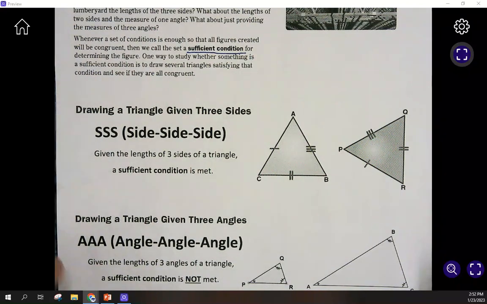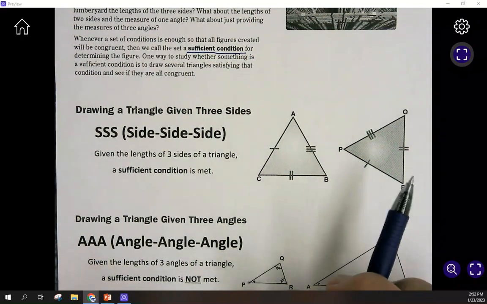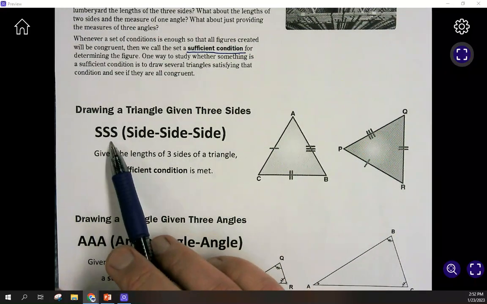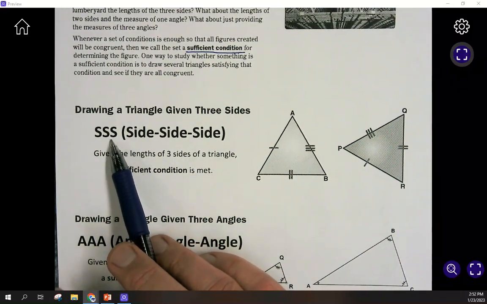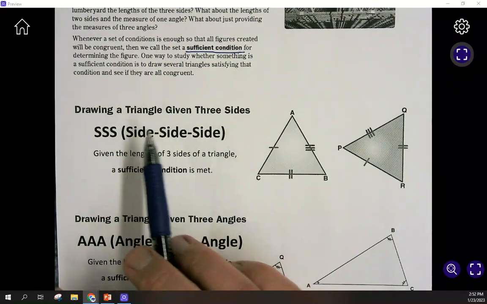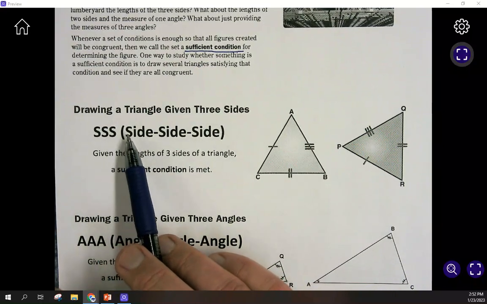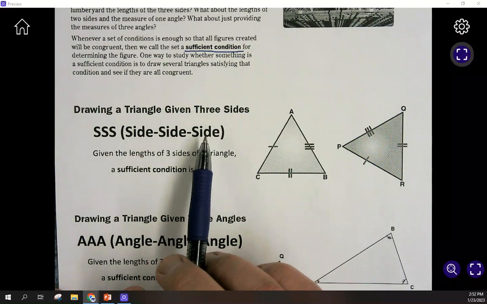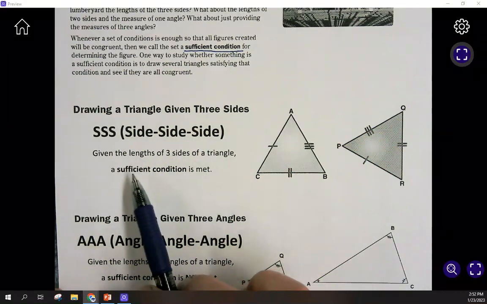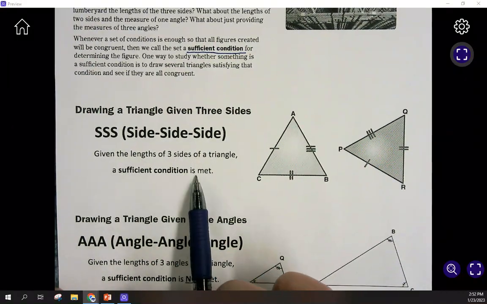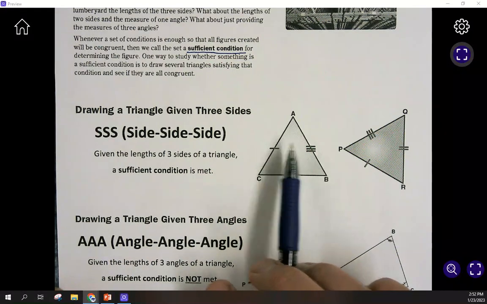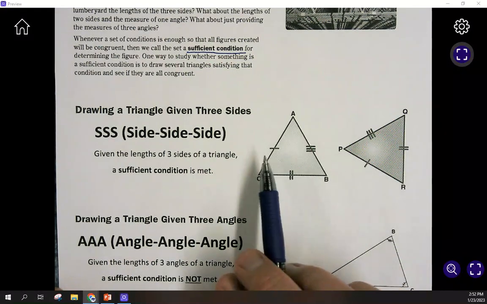Is that a sufficient condition for you to draw a congruent triangle? So the first condition we're going to look at is called the side condition, and we will abbreviate all of these. So it's just sides and angles, so SSS for side. So given the lengths of three sides of a triangle, a sufficient condition is met. So as I take a look at this picture, these are two congruent triangles.